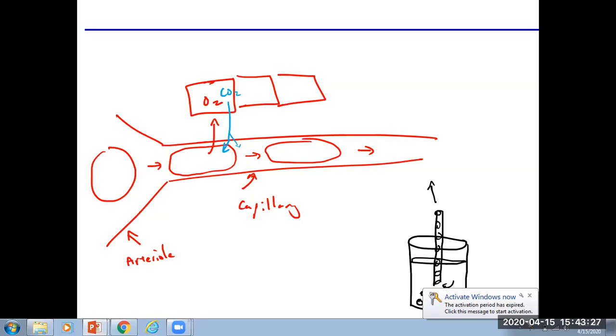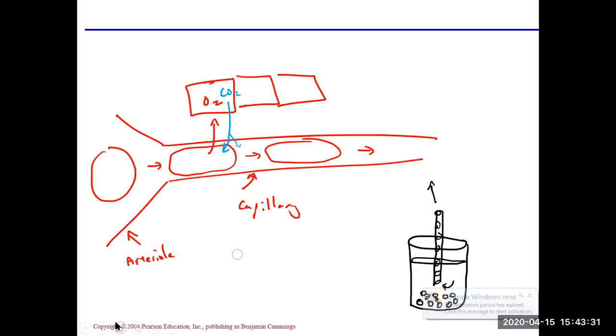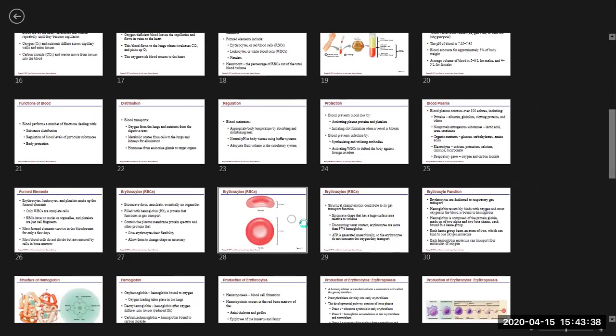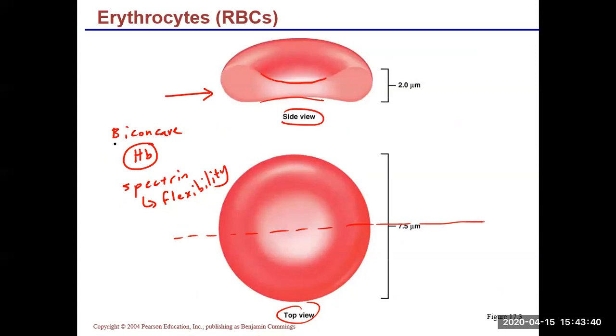All right. Now let's go back and take a look at this. This biconcavity allows more surface area. So red blood cells, compared to the volume that they're holding, have huge surface areas.